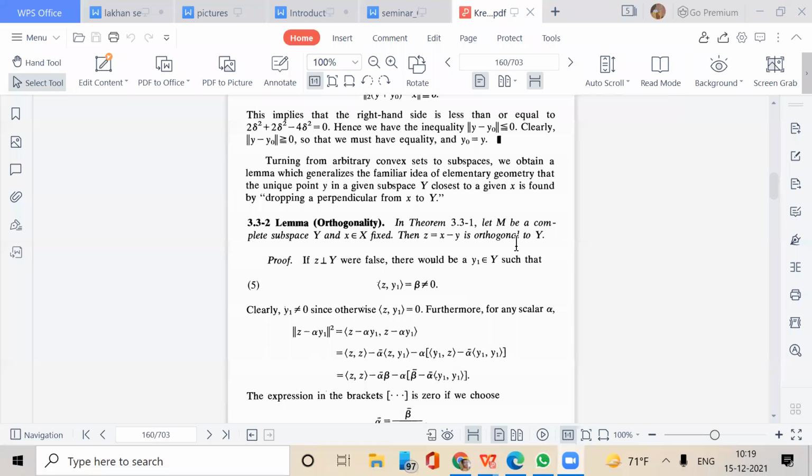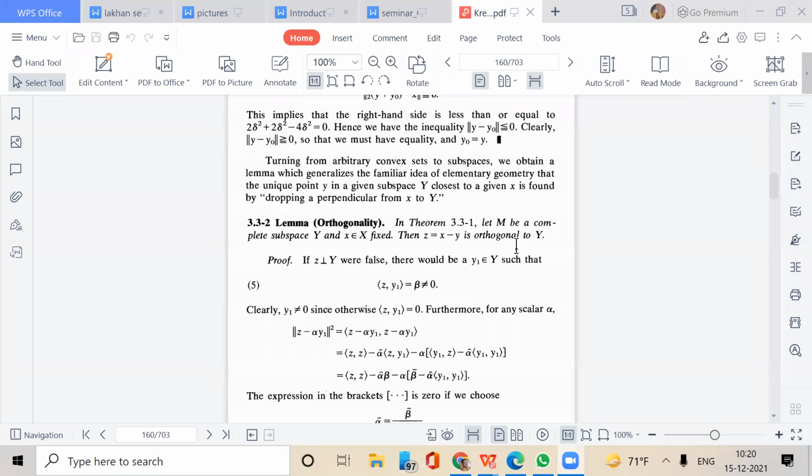We have seen the definition of orthogonality. An element x of an inner product space capital X is said to be orthogonal to an element small y belongs to capital X if inner product of x comma y is equal to 0. We write x is orthogonal to y.